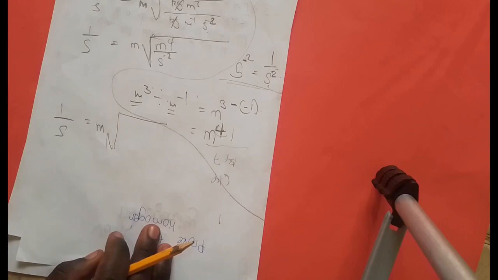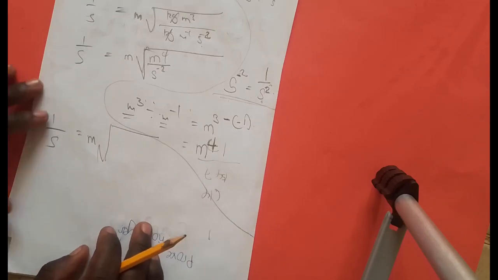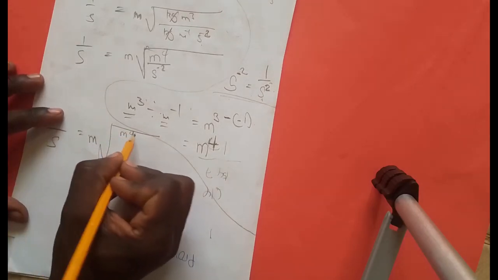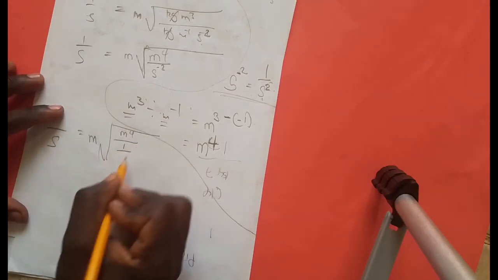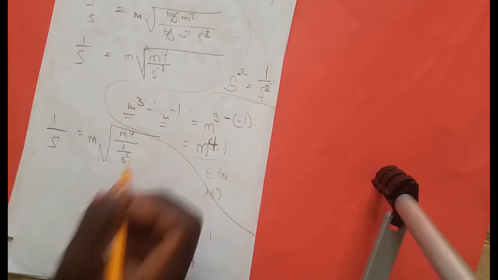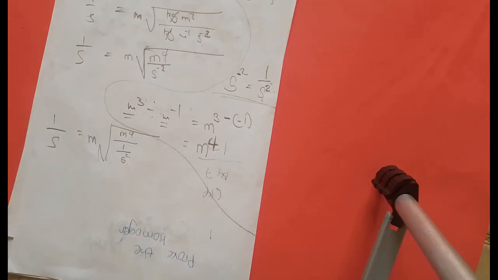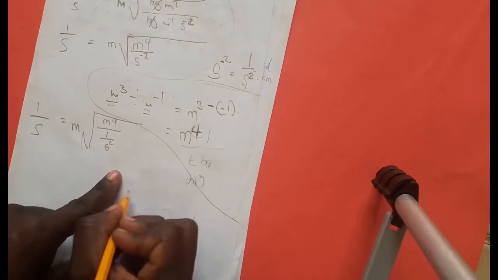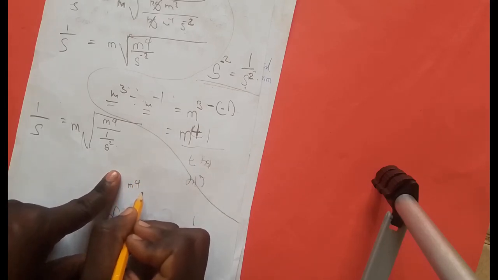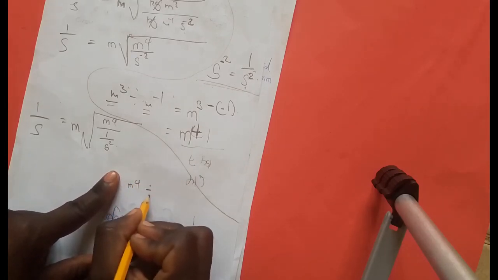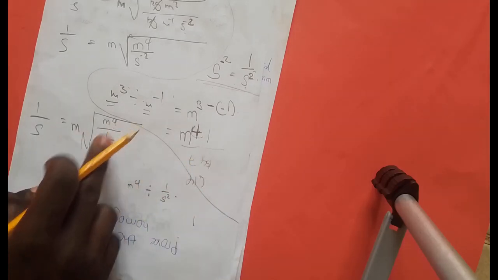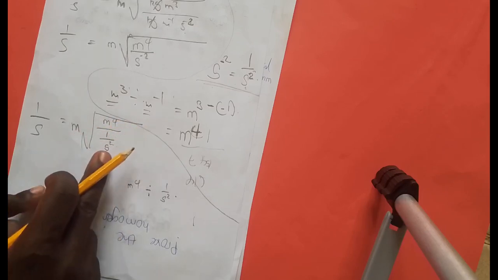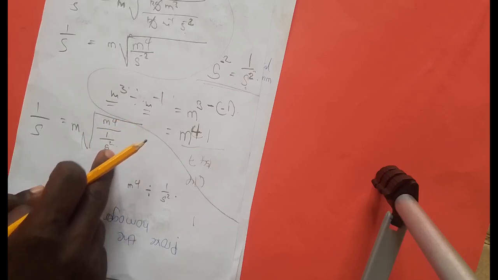We're now simplifying what is under the root sign: m to the power 4 over 1 over s to the power 2.